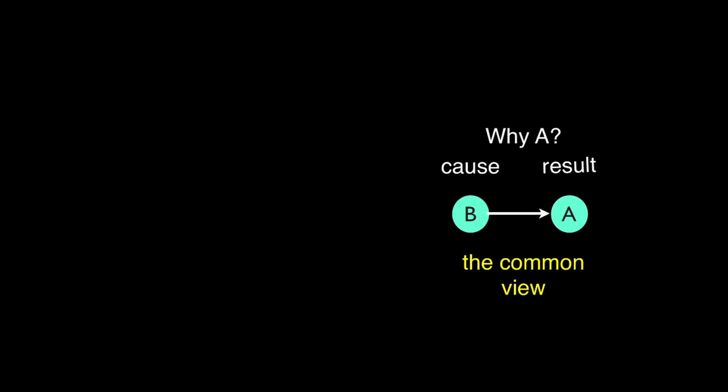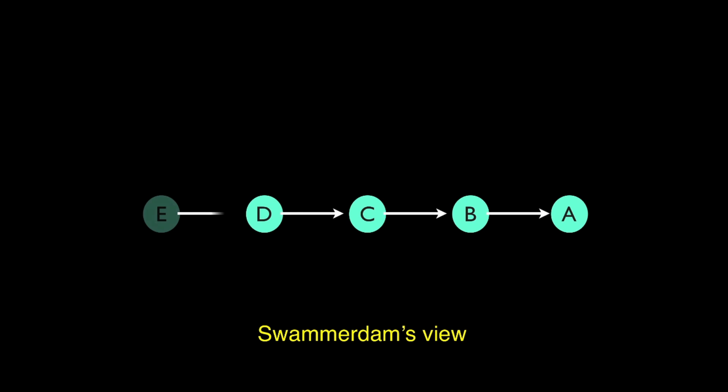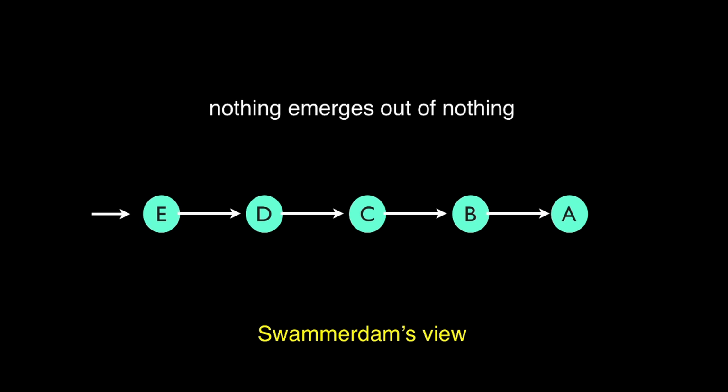So he comes up with this idea that there's this endless chain of causation. So the usual explanation for, say, A may be that it's caused by B, and that's where we stop. But Swammerdam says we shouldn't stop there. We should keep going back to what causes B, and what causes C, and what causes D. And then, in fact, it goes on forever.